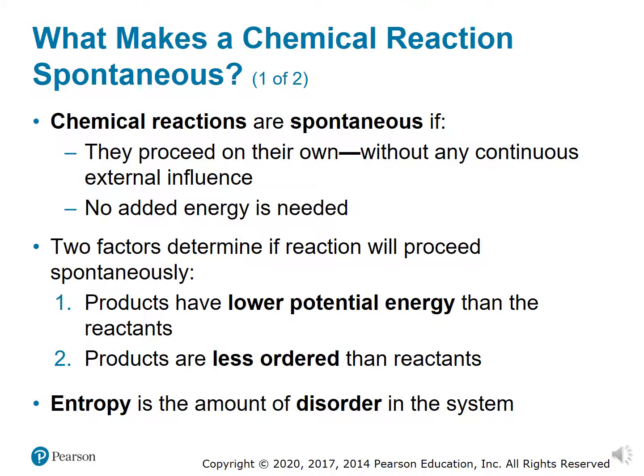Entropy means disorder. When you have a spontaneous reaction, it means that the products have less order and less potential energy. In other words, it's going from a big molecule to a small molecule. Small molecules have fewer bonds and less order and greater disorder or greater entropy.